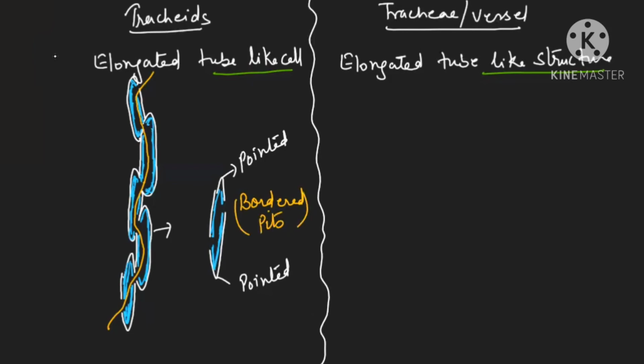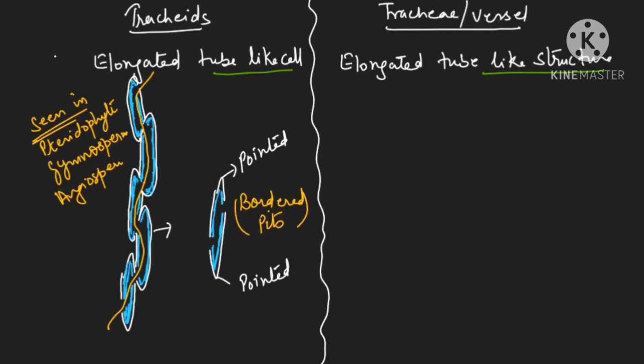And tracheids are the ones which are seen in pteridophytes, in gymnosperms, and they are also present in angiosperms. But in angiosperms, they will not do much conduction of water, and they are just providing support, working as a mechanical tissue, just like sclerenchyma fiber.